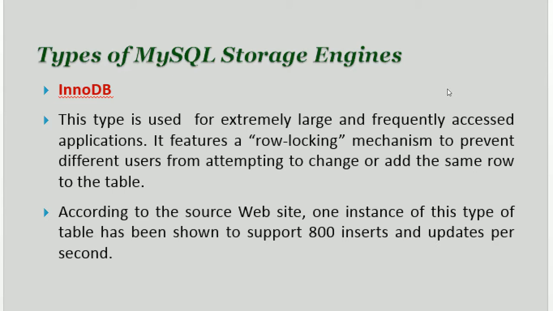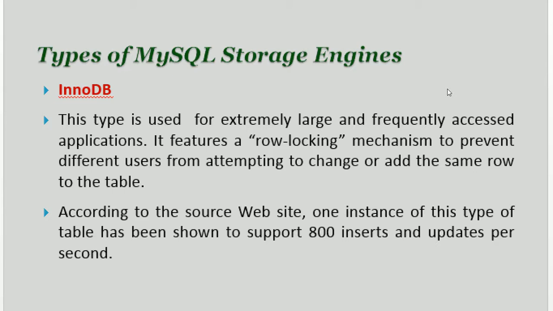Clear? If my database is used by 20 people at the same time, and I am working on a row, I'm modifying it, I'm updating it, then the other 19 people cannot update or modify it until I finish my task. This is called the row locking mechanism. When I'm working on a row, that row will be locked.